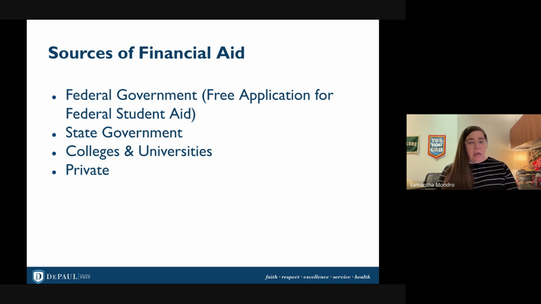And a lot of times after that, colleges will look at that FAFSA information and also qualify you for maybe need-based programs at their school. But colleges will also use your FAFSA information to award additional monies. And then also outside of the federal government, state government, and the college itself, you can secure financial aid privately, most of the time in the form of loans.